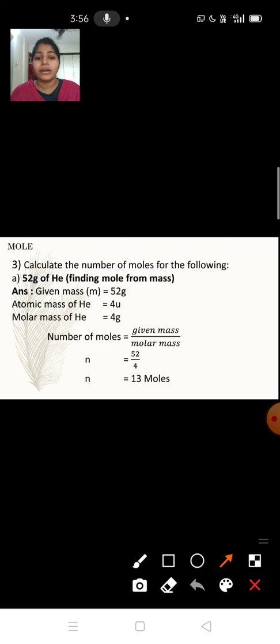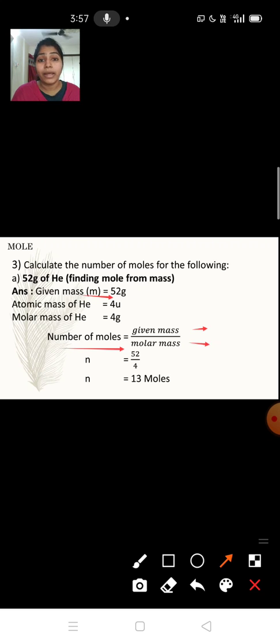Clear? So what is given? Mass is given, that is small m, 52 gram. Now the formula to find the number of moles is number of moles is equal to given mass upon molar mass. We know given mass, that is small m, 52 grams.